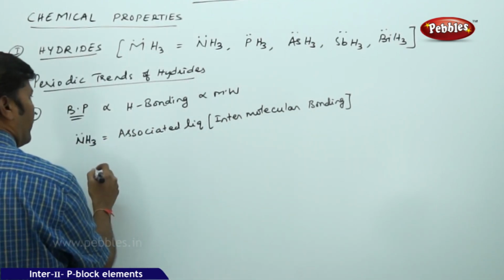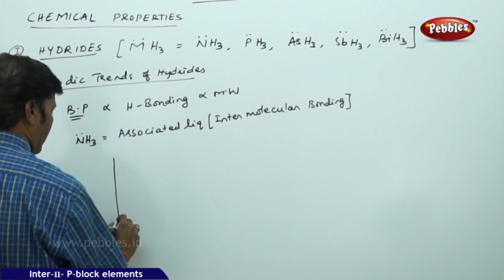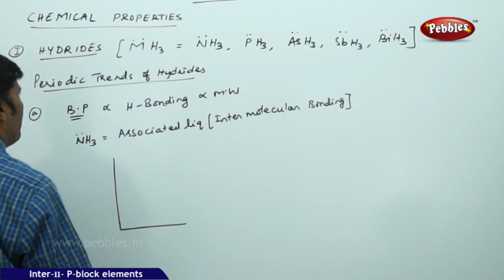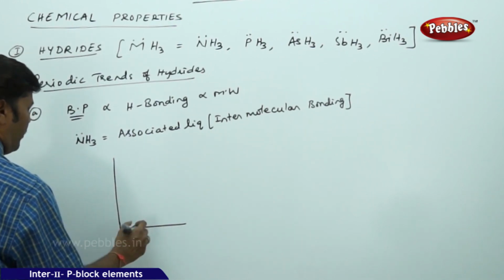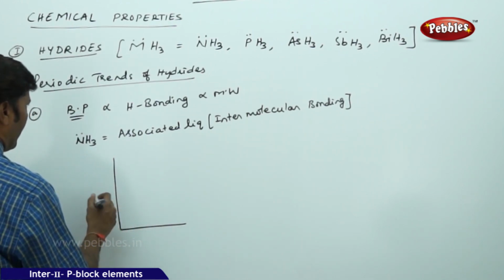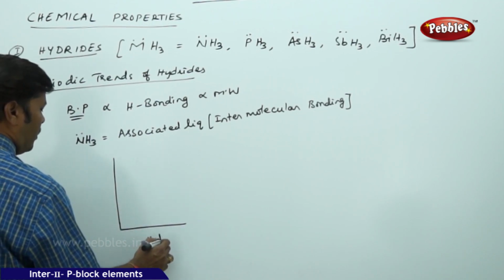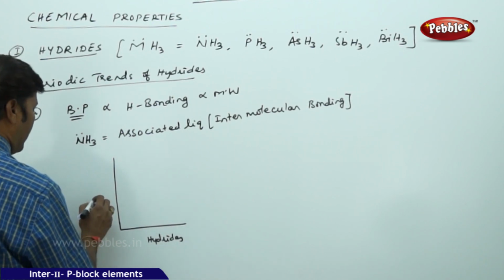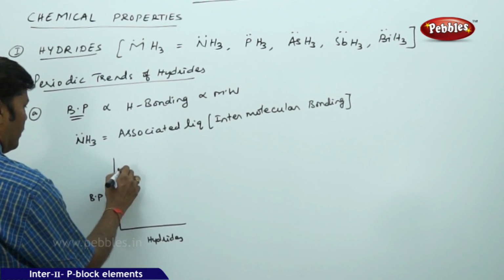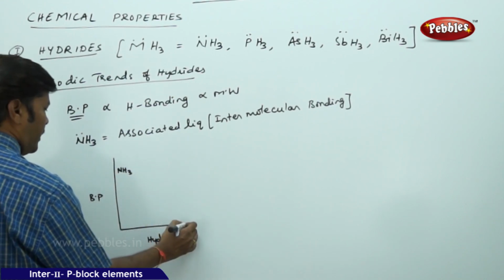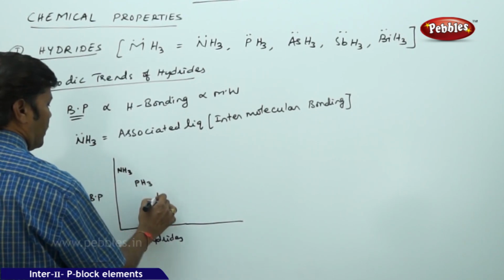If I take the graph for the boiling point of the hydrides, you take the nature of hydrides on the x-axis and their respective boiling points. Here you find ammonia, then phosphine and arsine.